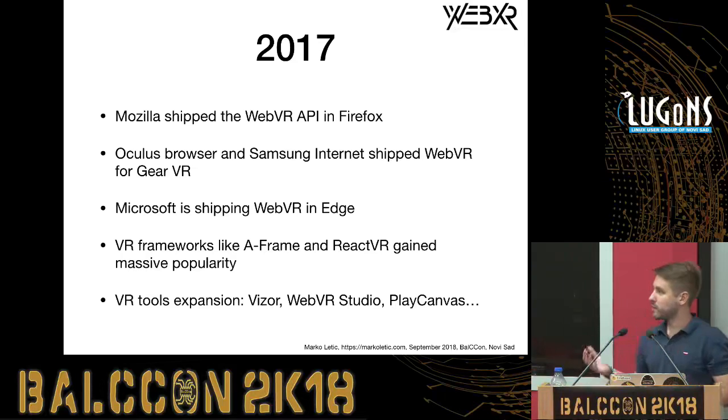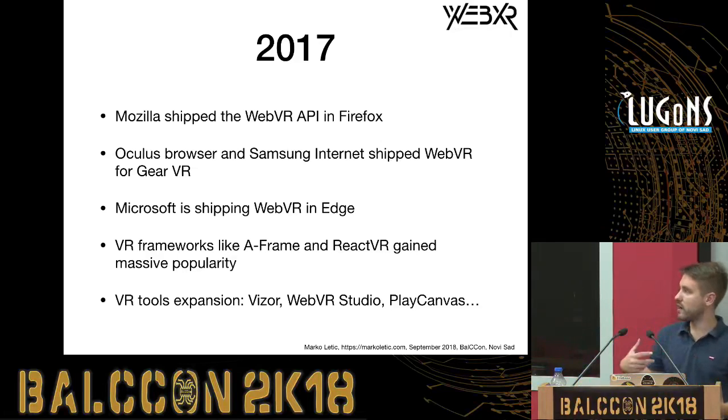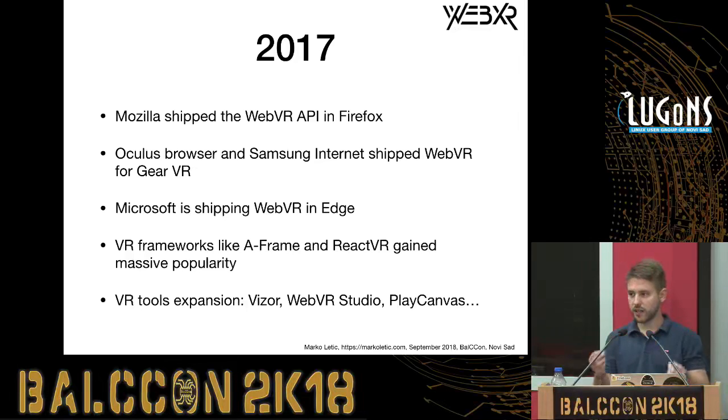So we've seen that A-Frame works on my laptop, but how does it work on the phone when I put it in a headset? Because of the WebVR API, it's able to get these positional tracking elements, so you can actually do the gaze-based view. Also, there are a lot of VR tools for this, like Visor, WebVR Studio. Some of them are even now getting deprecated because they keep developing new features.